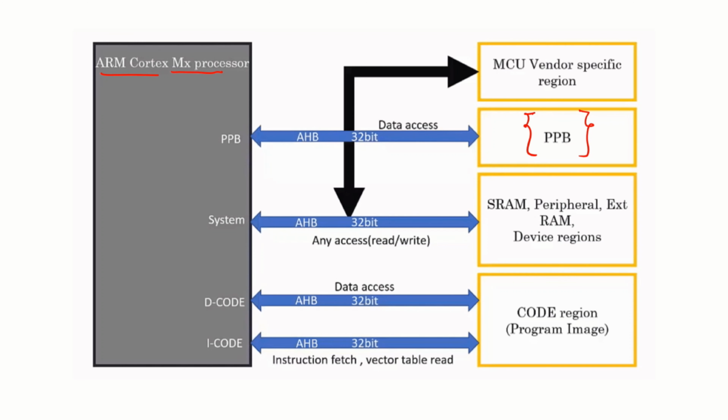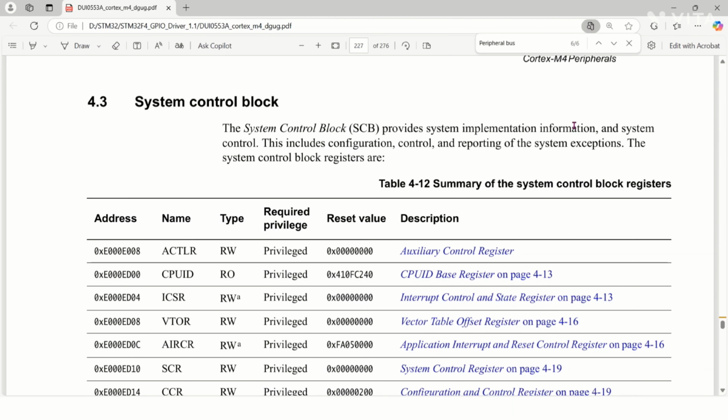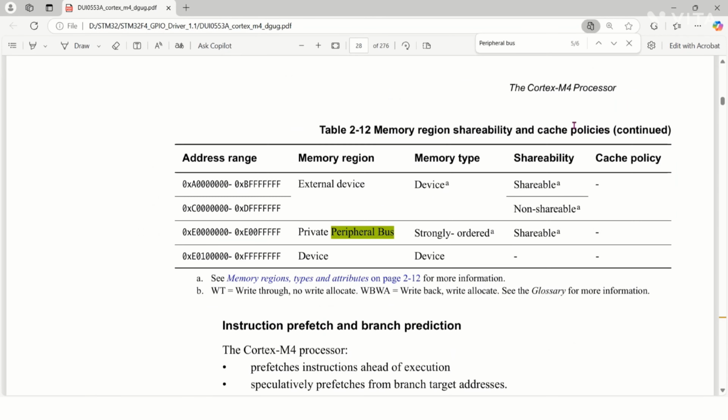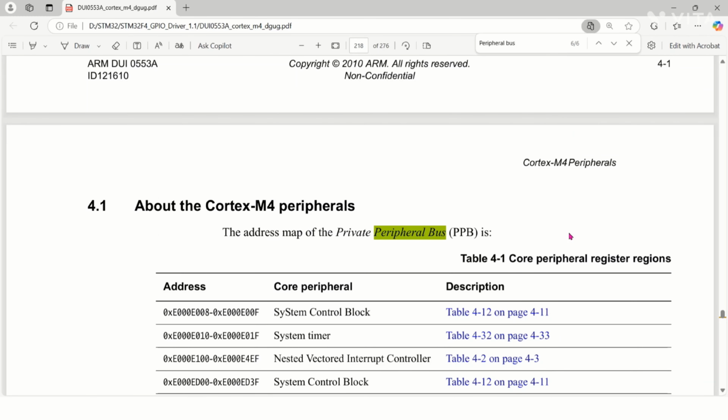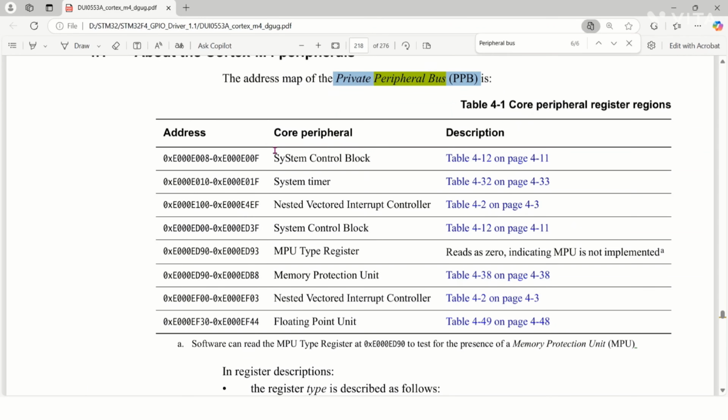Here I'll show you the different types of system exception control registers. First, let me move to the private peripheral bus. Here are some of the registers of the private peripheral bus. There are many registers which come under the private peripheral bus.